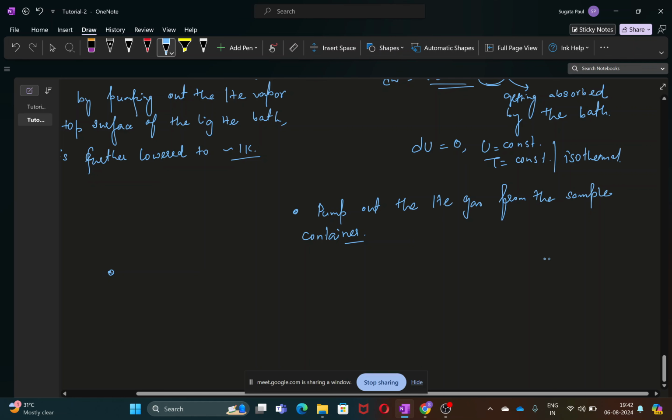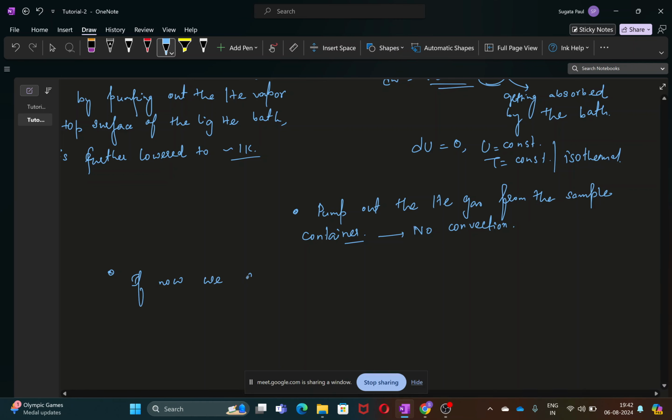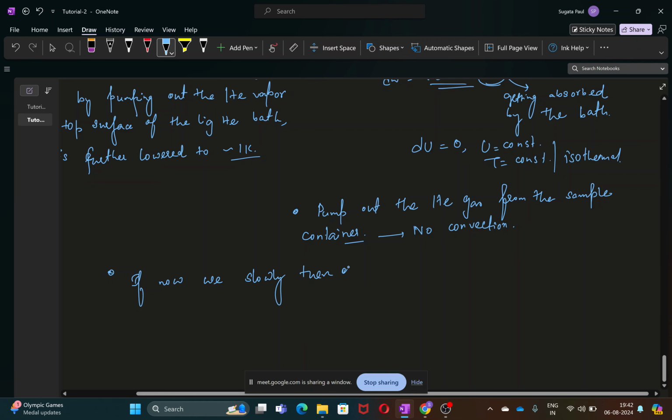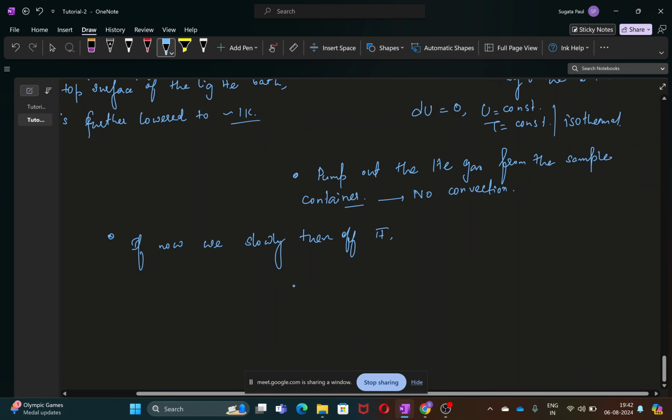So if this gas is pumped out, then there is no convection that can happen. If now we slowly turn off the magnetic field, then again some magnetic work will be done, because again there will be a magnetization change and an entropy increase.